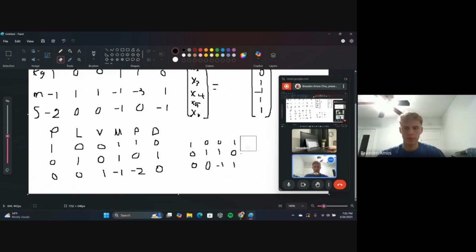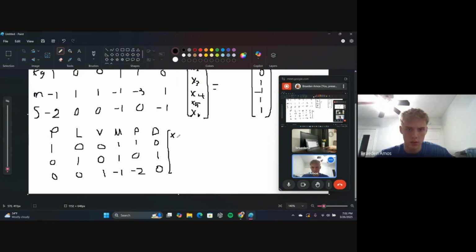Now we start doing the x1 through x6 stuff and testing out different numbers to see what we get. So again, we have x1 through x6.